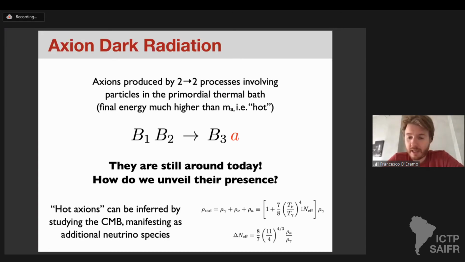Historically, you parameterize this as N effective, where N effective is like having more than 3 neutrinos. The difference between N effective and 3 is called delta N effective, which is the additional amount of equivalent neutrino species that you have at the CMB. And this depends on the ratio between the density of the axions and the density of the photons.